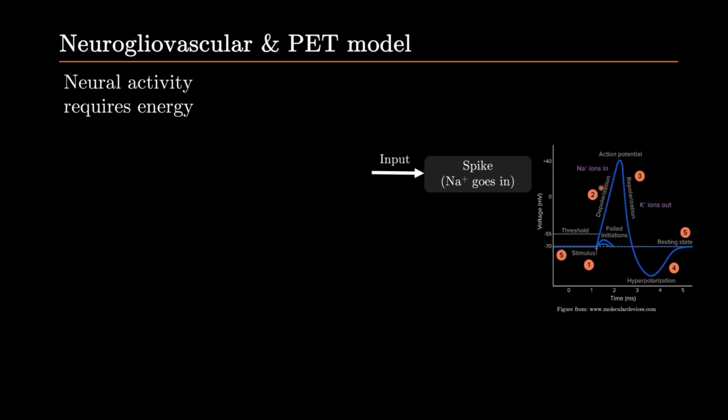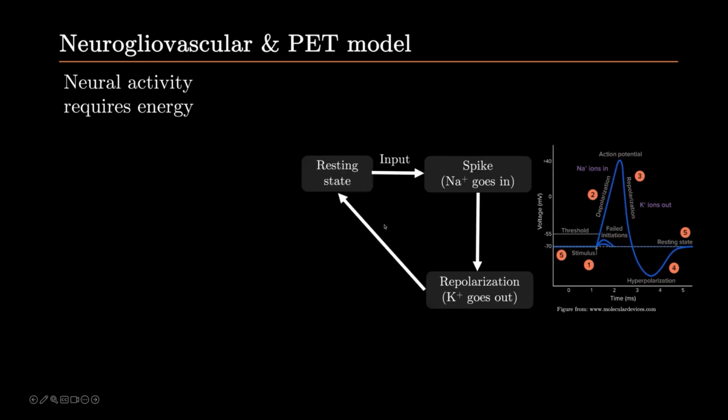I messed it up, I always confuse those. So sodium goes into the cell and potassium leaves the cell, okay? After the repolarization, there's a hyperpolarization phase, and after this we go back to resting state.